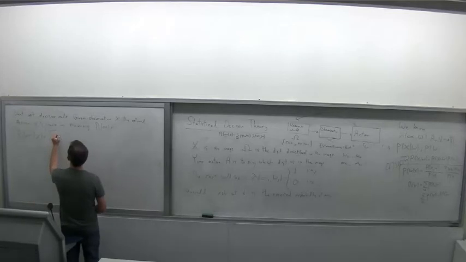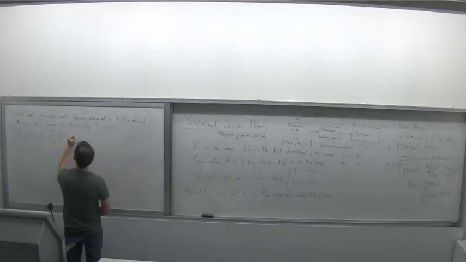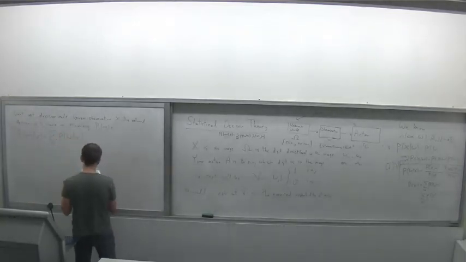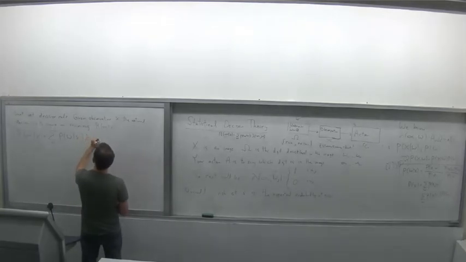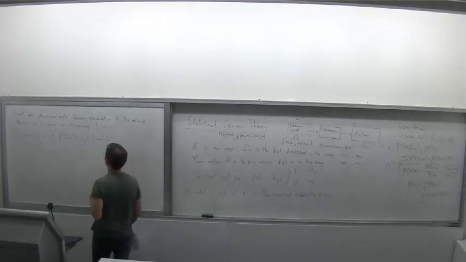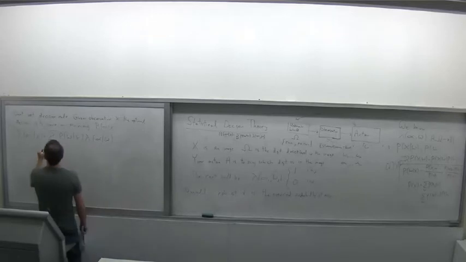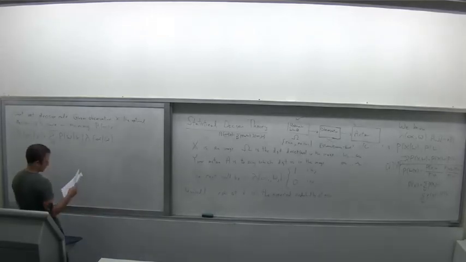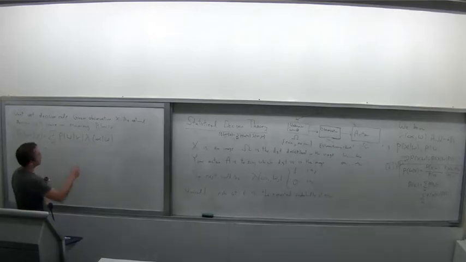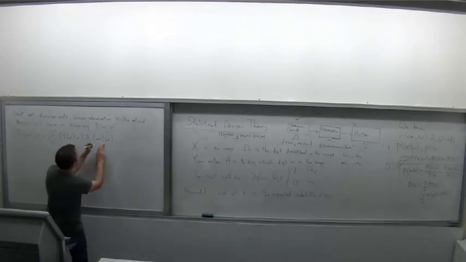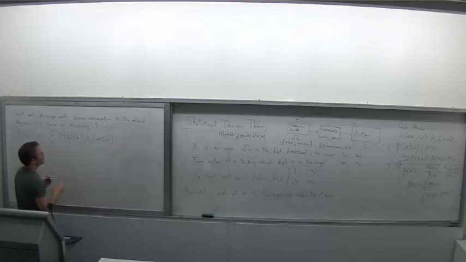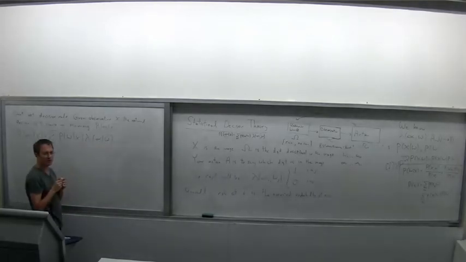I'm asking what's the probability of omega given X times lambda of alpha i given omega. So alpha i given omega is what? It's either 0 or 1, right?